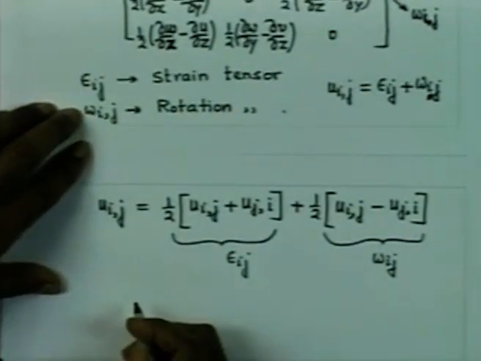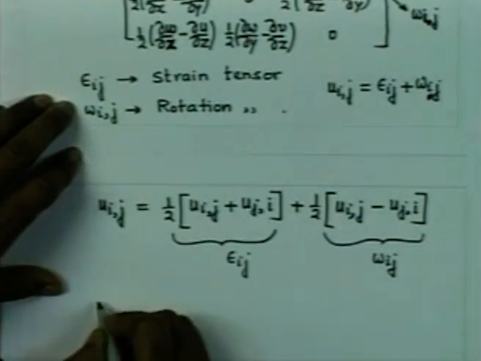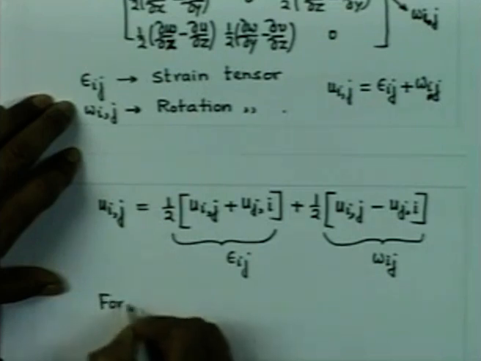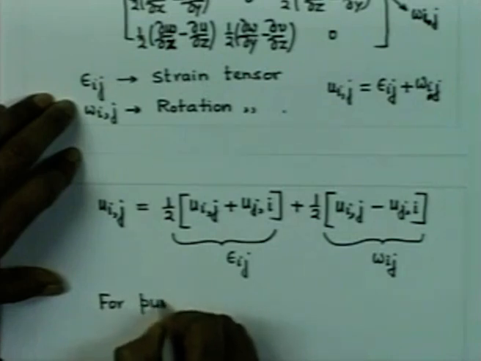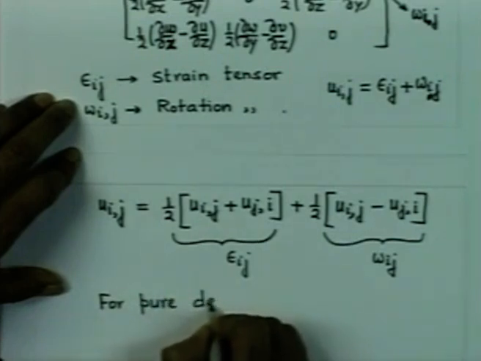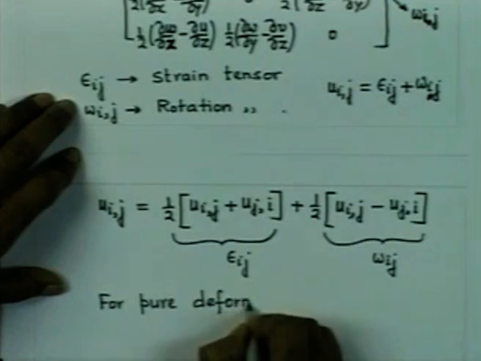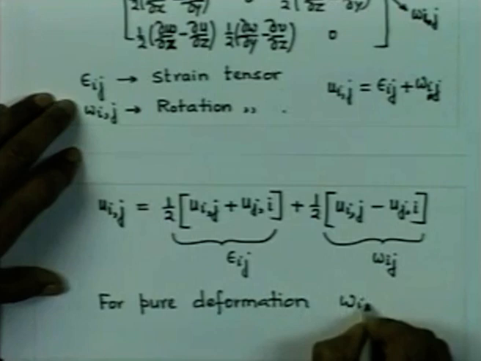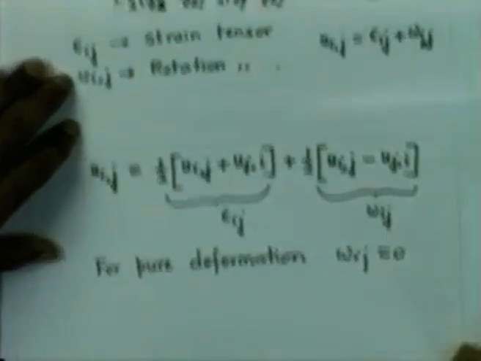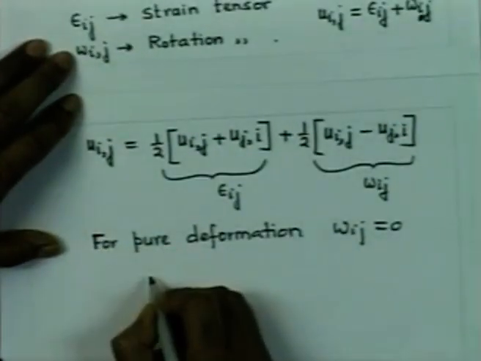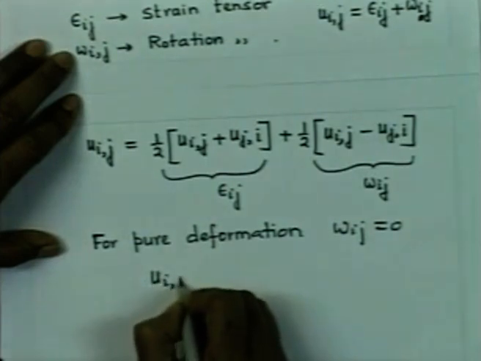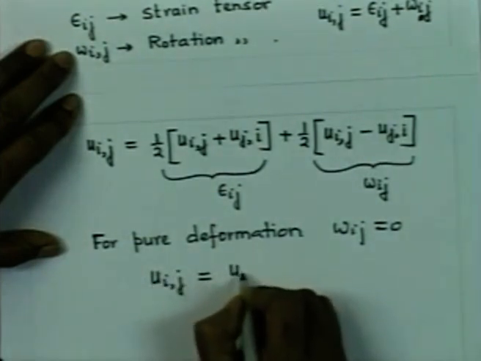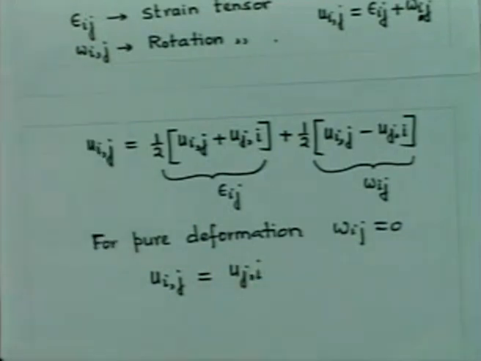For pure deformation, I am sorry, for pure deformation we will have no rotation, so Wij is equal to 0, and therefore we have Uij equal to Uji.